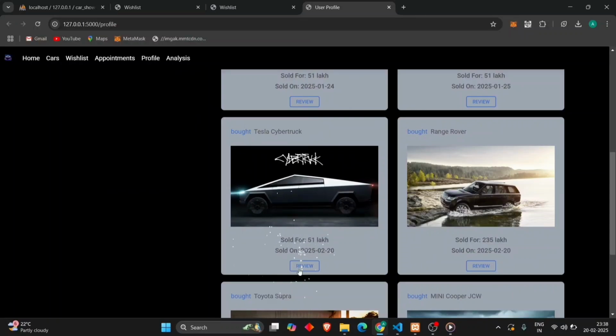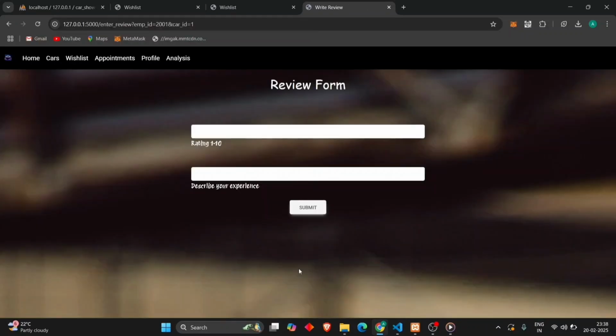Moving to the profile page, we can see here that the customer has bought a Tesla Cybertruck. We have also added a review functionality wherein the person can rate our cars and describe his or her experience. And we have added sentiment analysis with that, so that we can see whether the review of the customer is positive or negative, and further analyze those reviews and then improve upon our performance.